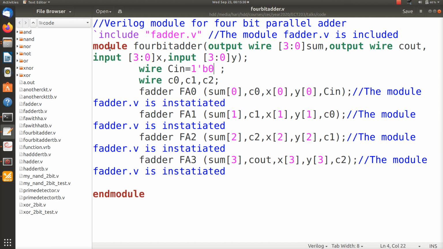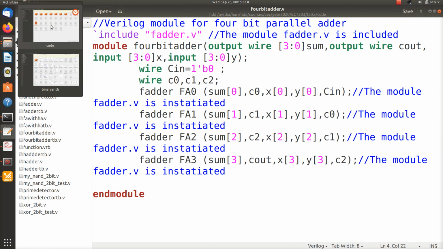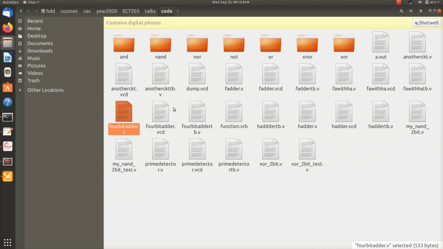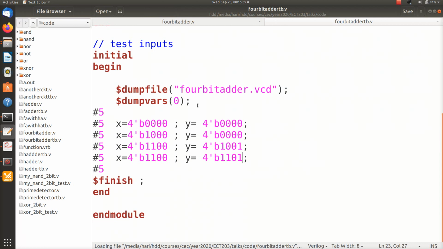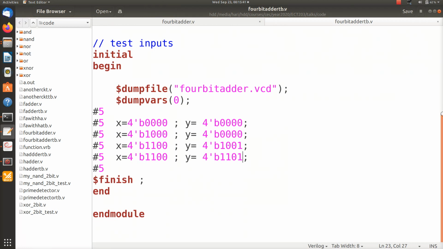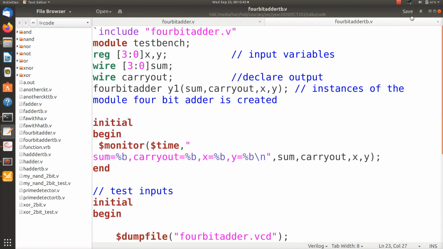Now I can write a test bench for this. It's pretty straightforward. It's a 4-bit adder TB. I have to include the 4-bit adder.v. Then these signals are to be given just like I gave in the other one.